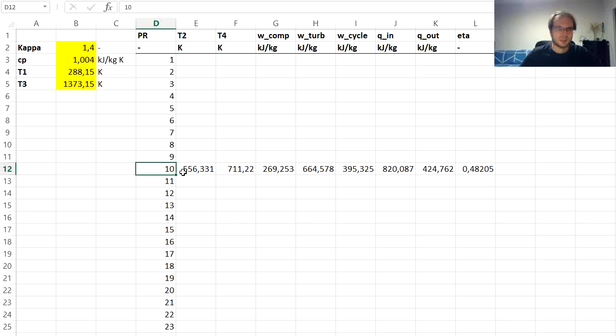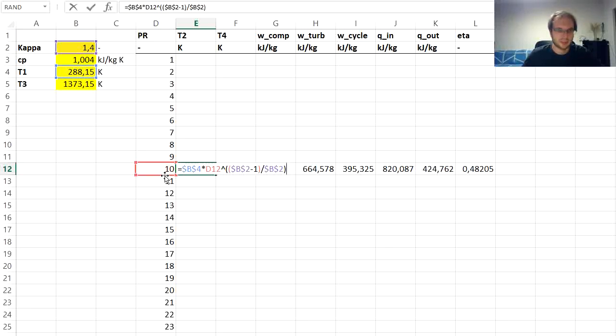The results that we have just calculated are for the pressure ratio of 10. But we can use the same method for basically any other pressure ratio. So for example, if we implement it in a spreadsheet, we have the fixed values over here, the constants: kappa, the isentropic exponent, specific heat capacity, inlet temperature and the firing temperature, and then the respective values are referenced to the constants and eventually to other parameters.